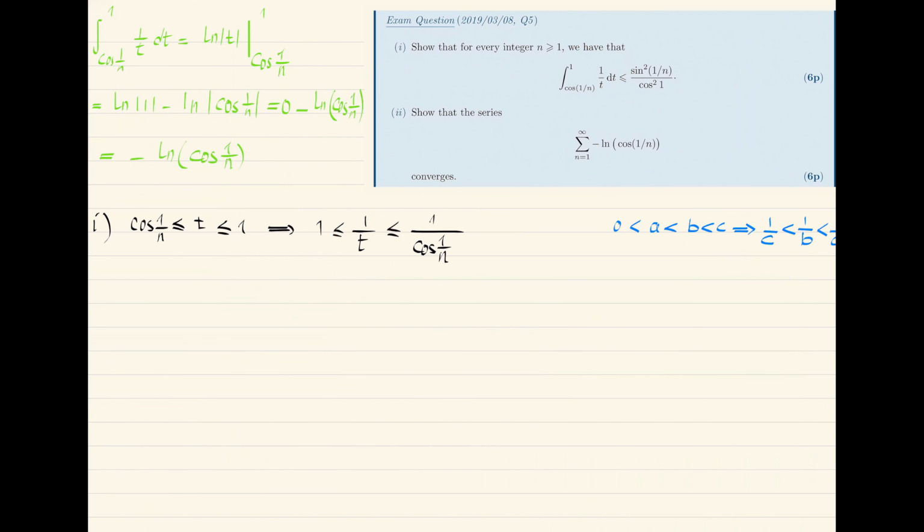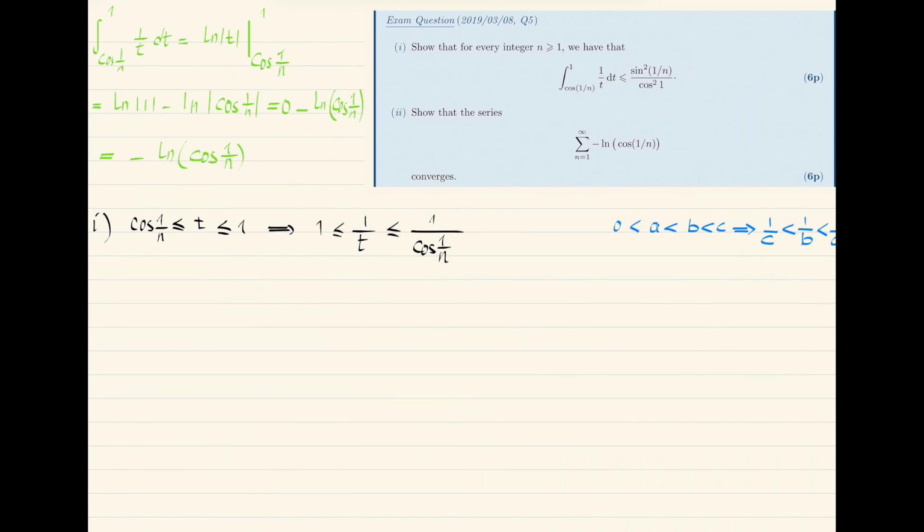I have a function, 1 over t, which is less than another function. Of course, this function is a constant function. If that is the case, the integral of this on an interval will be less than or equal to the integral of this function on the same interval.